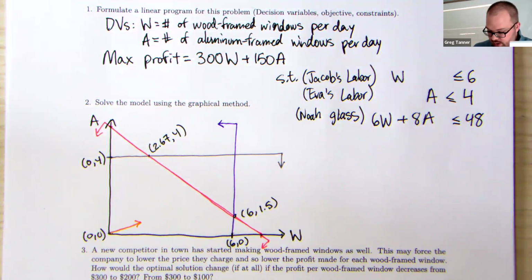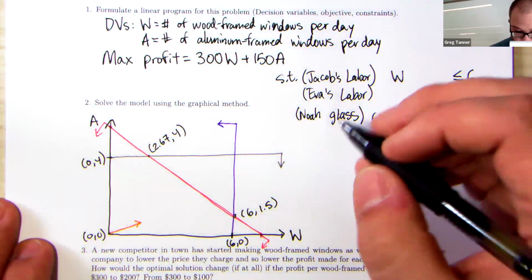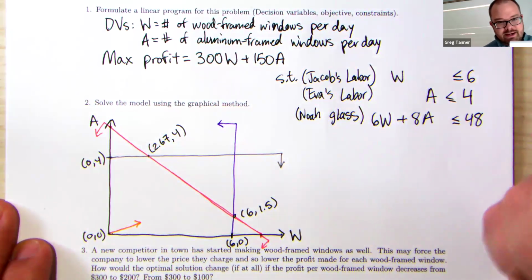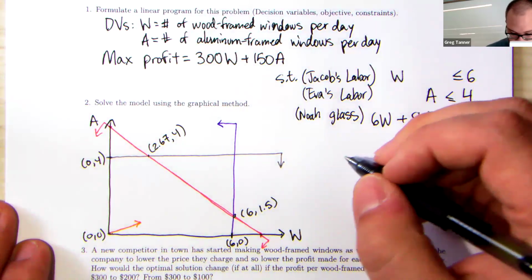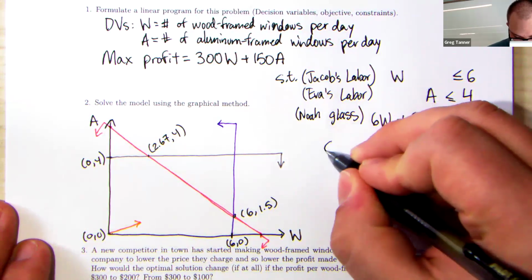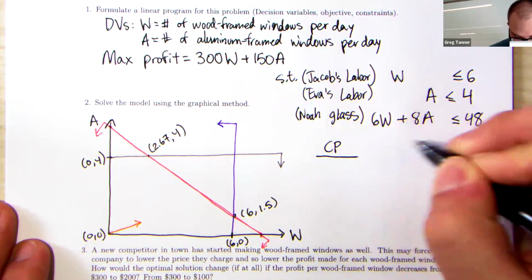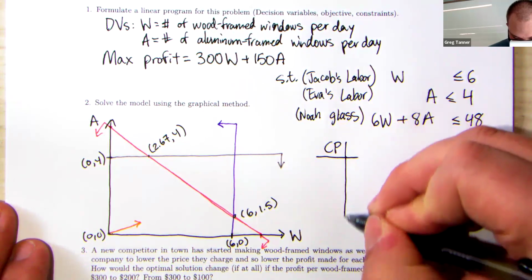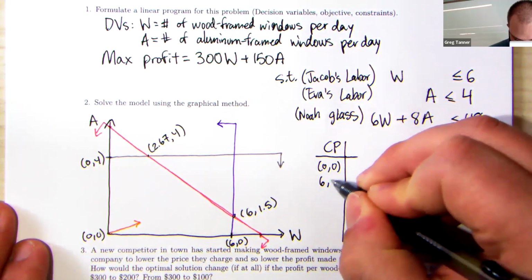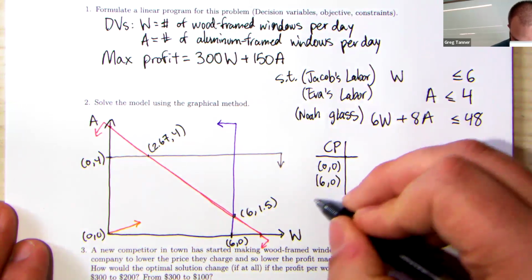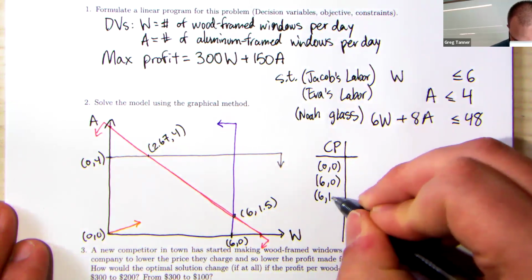Now that I've got my corner points, I can go ahead and set up and find out what is the objective value at each of those corner points. So feel free to use an online calculator like Desmos. Actually, you can use it to compute these objective values as well. And so here's my corner points or my CPs. 0, 0, 6, 0, 6, 1.5.